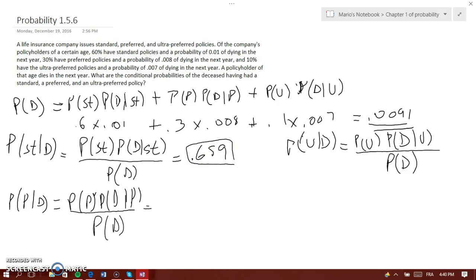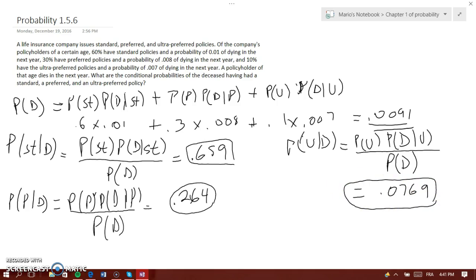The probability that you had the preferred times the probability that you died given you had the preferred, over the probability that you died, is equal to 0.264. And the last one would be 0.0769.